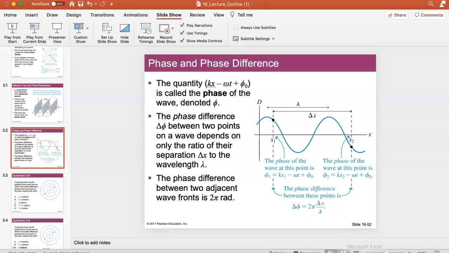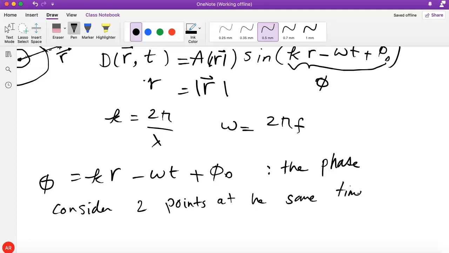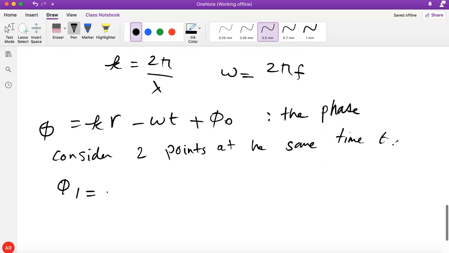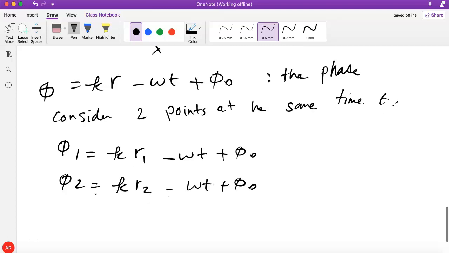So consider 2 points at the same time, then let's say we have phase 1, that's kr1 minus omega t plus phi naught. Second phase is kr2 minus omega t plus phi naught.